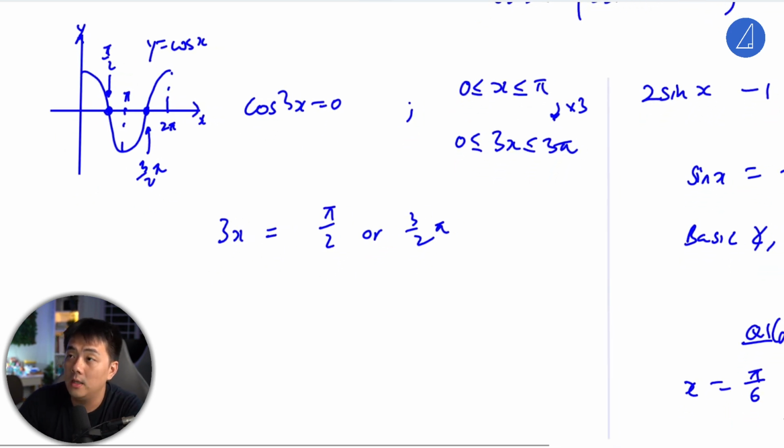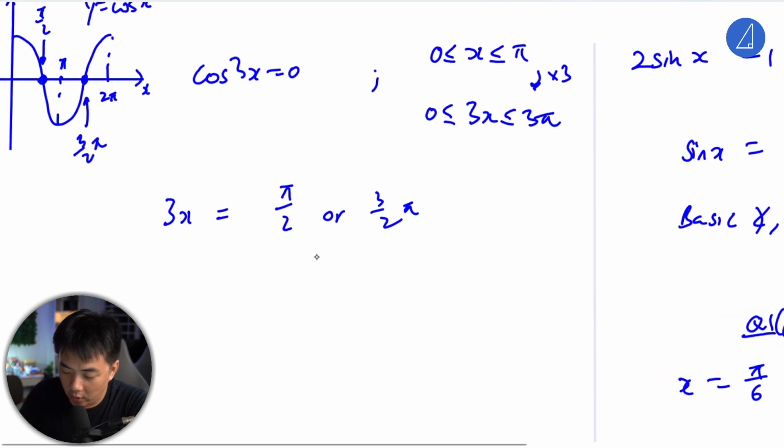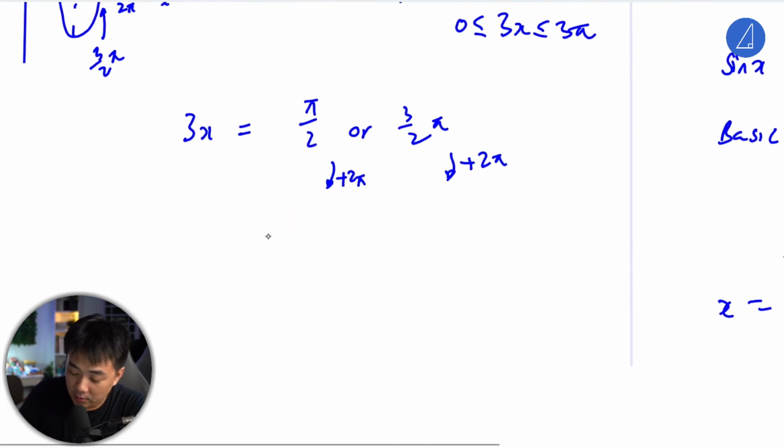But we need all the range from pi over 2 and 3 over 2 pi up to 3 pi. So I'm going to add 2 pi. This will give us 5 over 2 pi, and this will give us 7 over 2 pi.